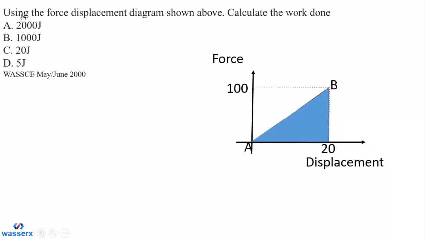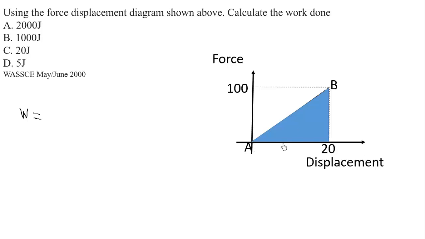Now let's take this example on work. Using the force displacement diagram shown above, calculate the work done. So this is the force displacement diagram, and we want to calculate the work done. The work done is simply equal to the area under the force displacement graph.